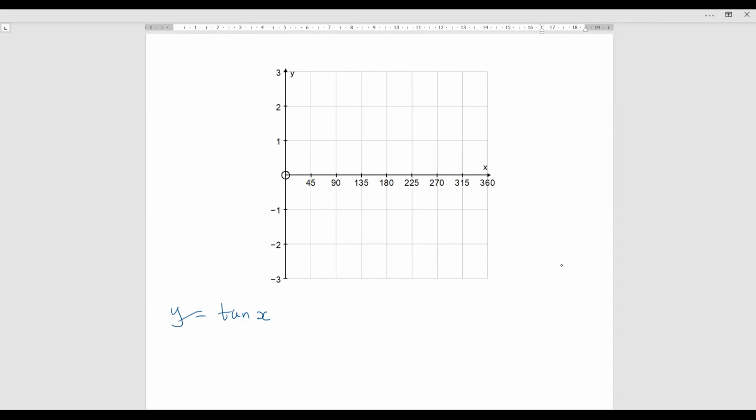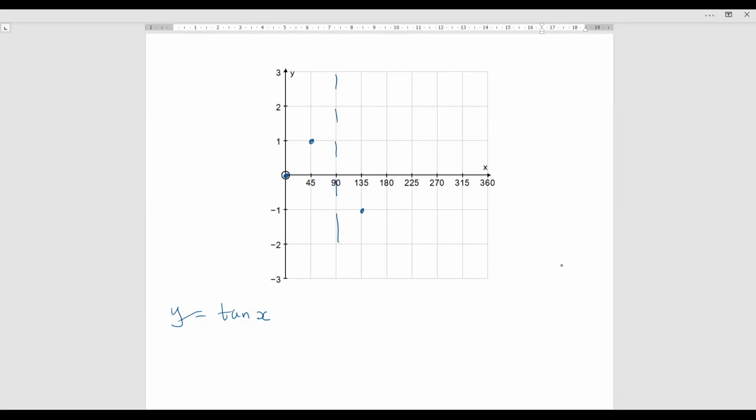So if I look at my calculator now, at 0 it is 0. We're accepting that. At 45, my calculator says 1. I hope your calculator is saying that. At 90, we're getting a math error, so that means that's an asymptote. On 135, I'm getting -1.